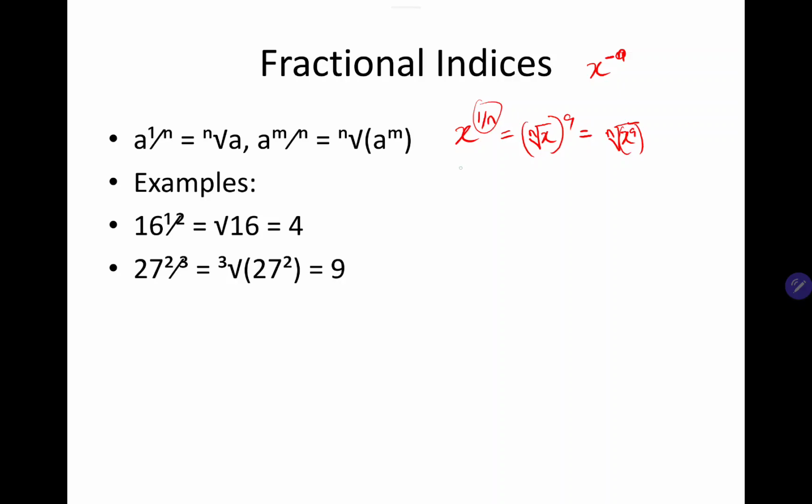Because here, what this means is x raised to power 1 over 2 is the same thing as the square root of x, and x raised to power 1 over 3 is the same thing as the cube root of x, and x raised to power 1 over 4 is the same thing as the fourth root of x.